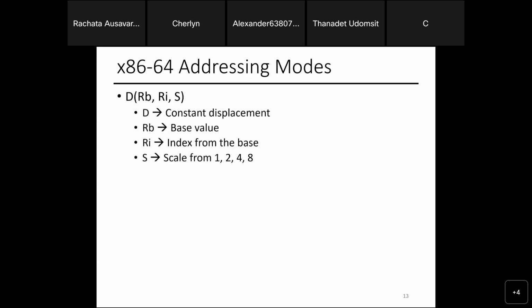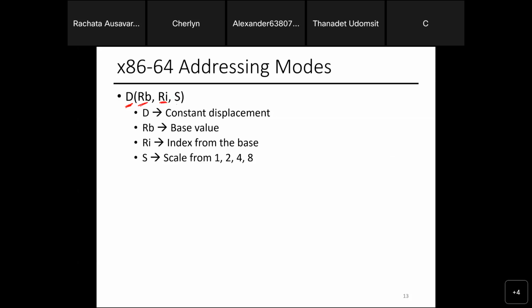Now here's how x86 works. This is the next most important part after the move instruction: when you see parentheses, how does it work? There can potentially be 4 things in there. The first thing is the item in front of the parentheses, the first item, which will always be there.